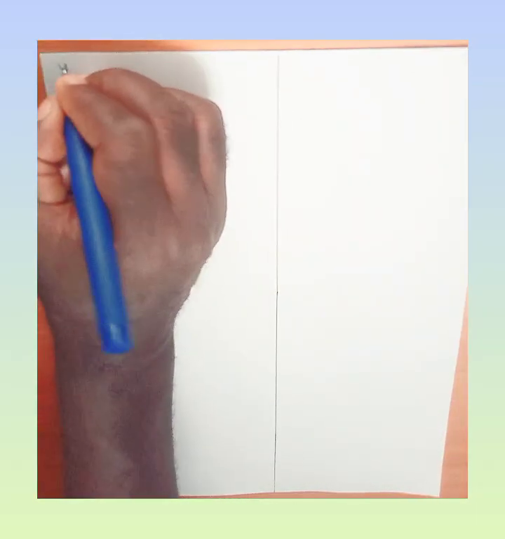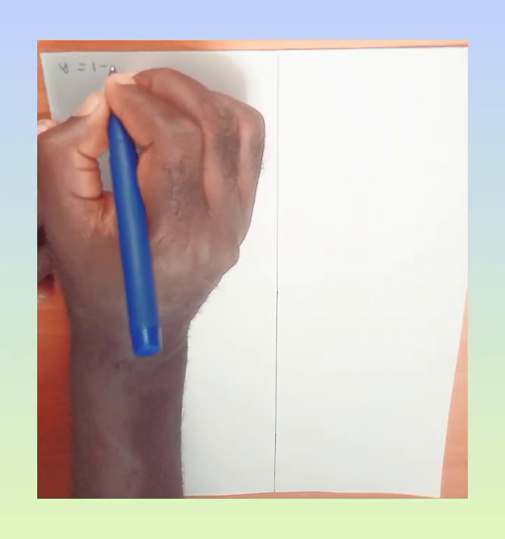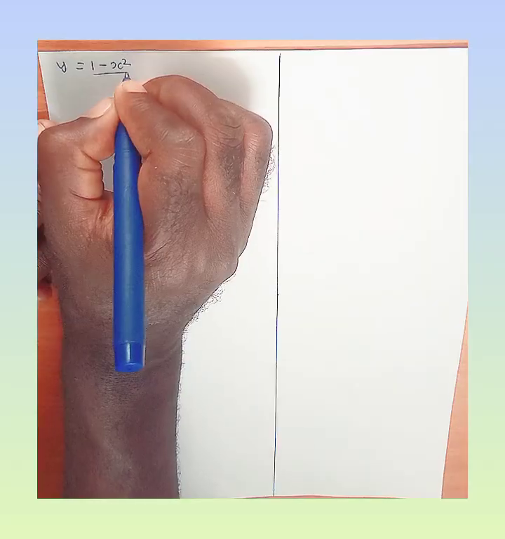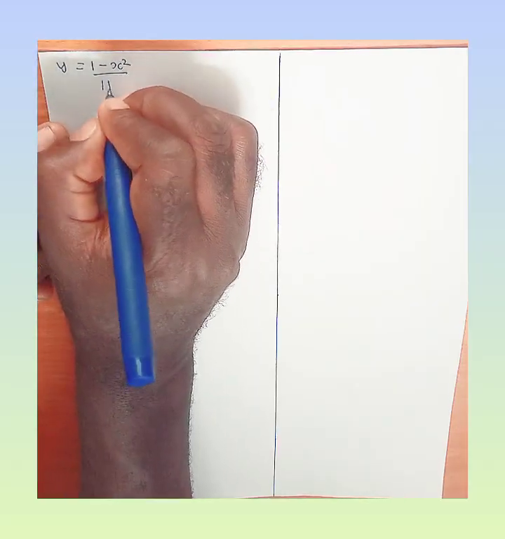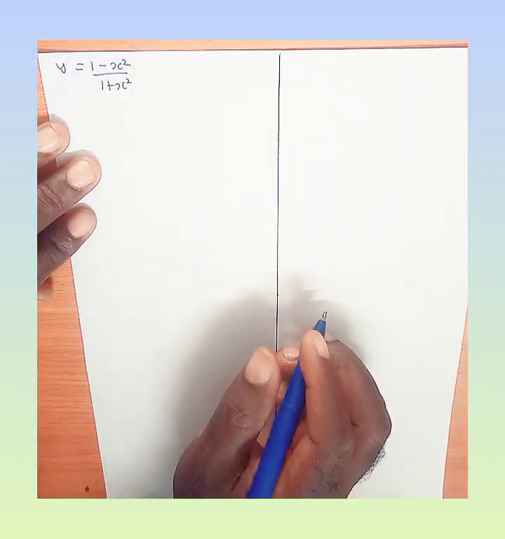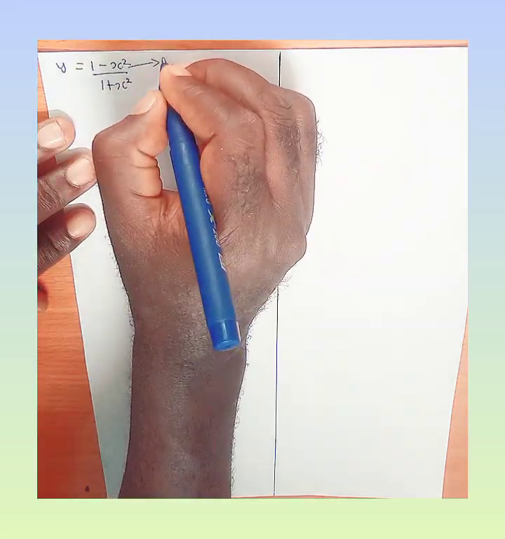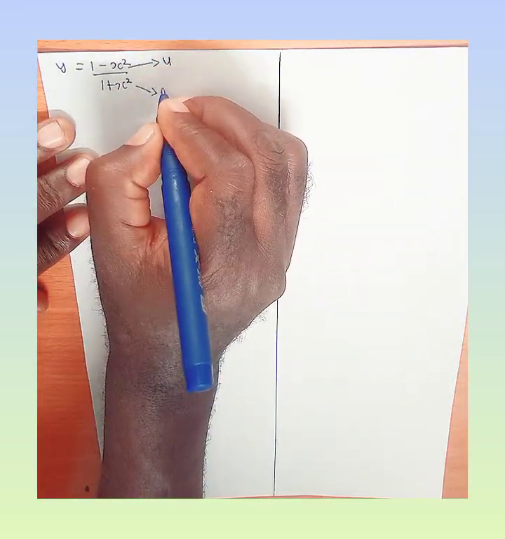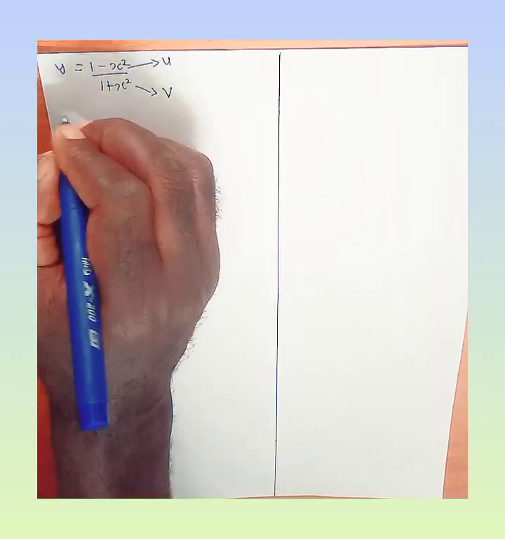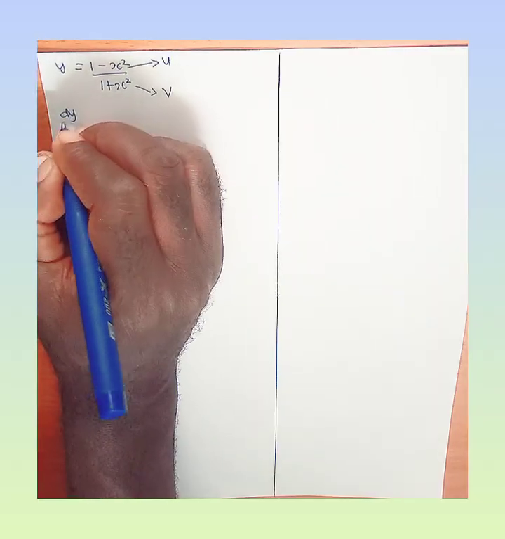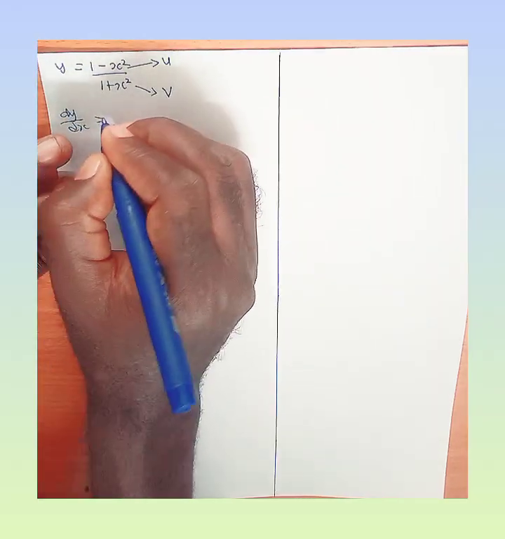We have y is equal to 1 minus x squared over 1 plus x squared. Now we use quotient rule for this. The numerator is going to be u, while the denominator is going to be v. Now we have dy/dx, which is equal to v.